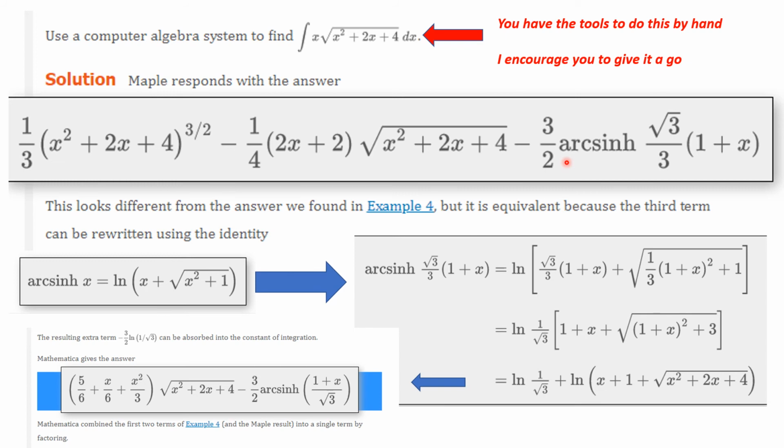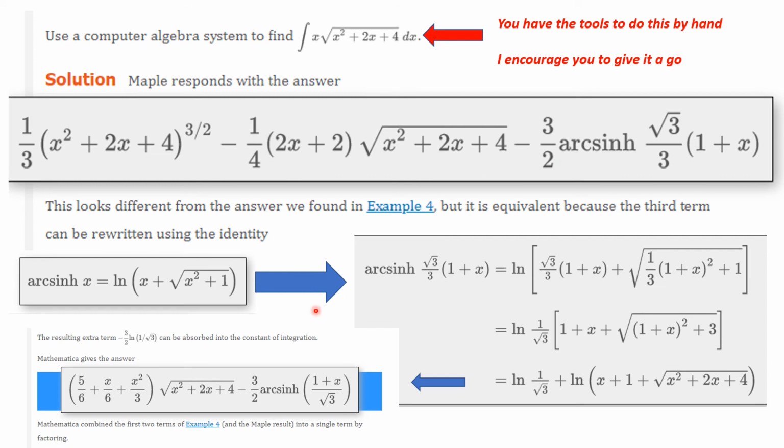Now, this would look different than what you'd find if you actually did the example that we did, which is the same one, the previous example. This is an equivalent answer, but you say, oh, but I don't have that button on my calculator. No, you don't. You don't have an arc hyperbolic sine button on your calculator.